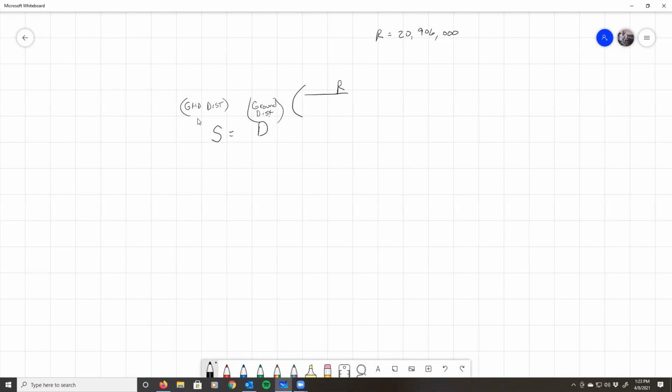So it's R divided by R plus N, where N is the distance from the geoid to the ellipsoid, plus H, which is the elevation above the geoid.